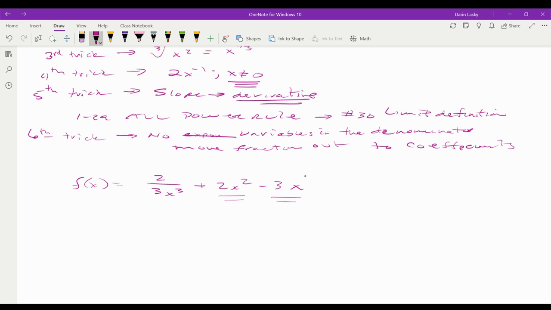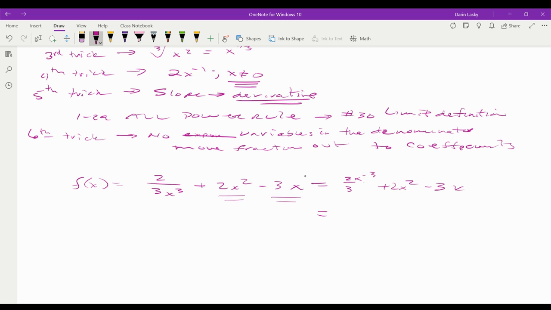This guy poses a little bit of problem, so you're going to have to rewrite it before you find your f prime. So we're going to rewrite this as an equivalent. I'm going to take this x to the third, and I'm going to create a negative exponent and move it up. So it's going to become 2 thirds x to the negative 3 plus 2x squared minus 3x.